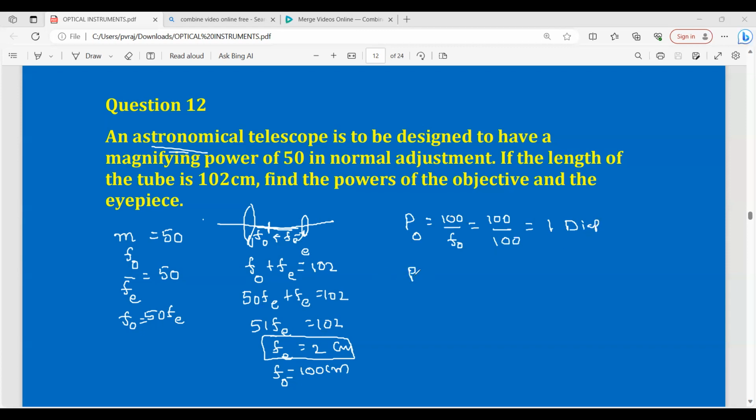For the power of the eyepiece, that is also 100 by FE, which is equal to 100 by 2, that is 50 diopters. So the answers will be 1 diopter and 50 diopters.